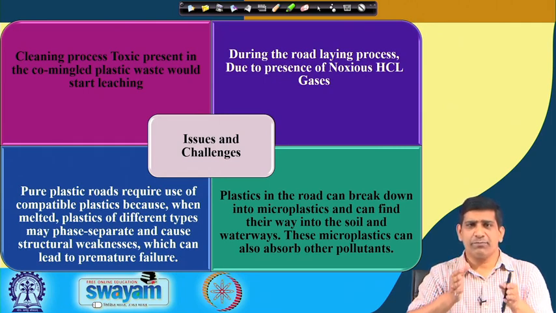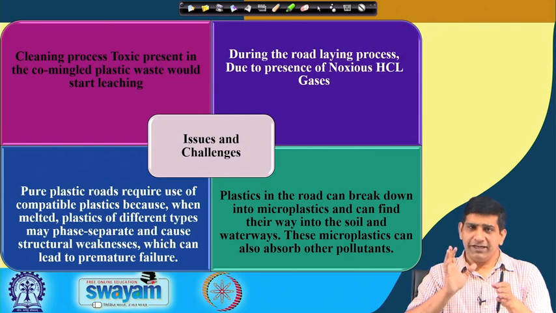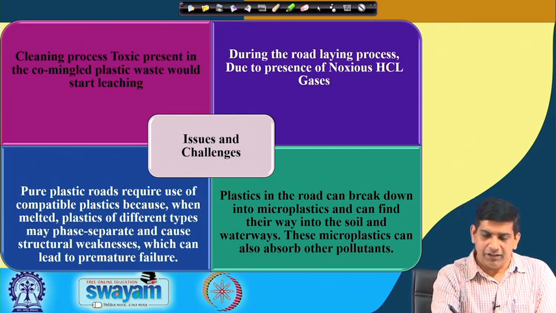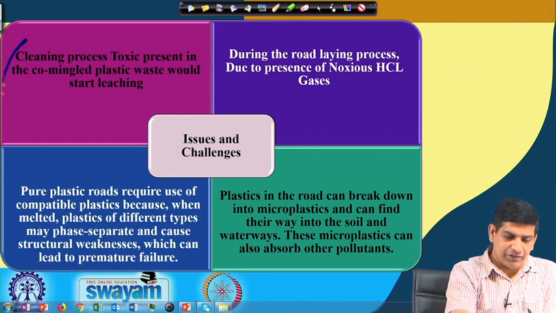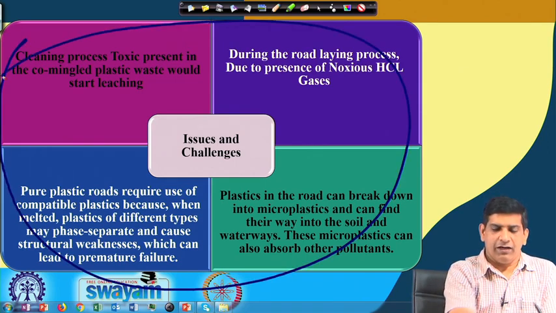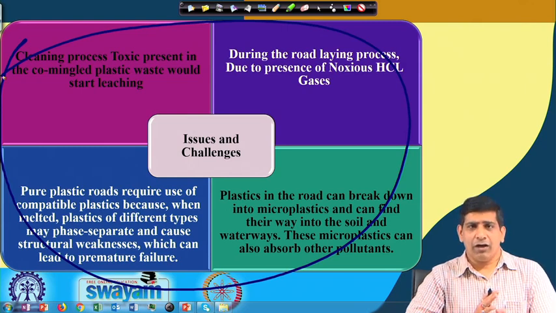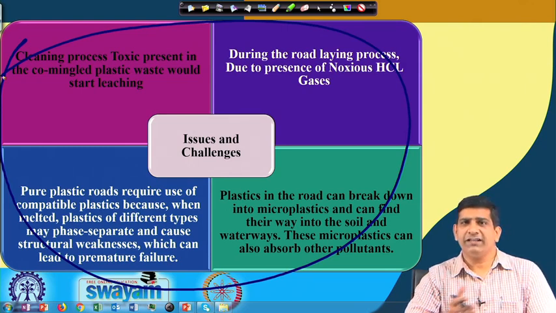Using this plastic in road construction is a good thing to do, but at the same time, these 4 broader issues that we talked about, and there could be some more, also need to be looked into in detail, to see whether we are just solving a problem but creating some other problem.